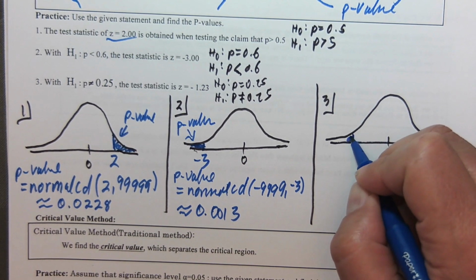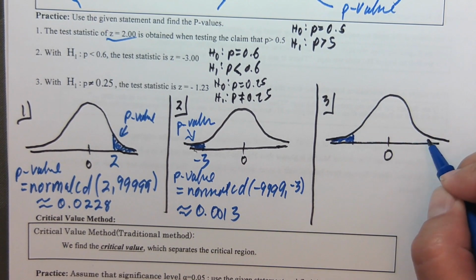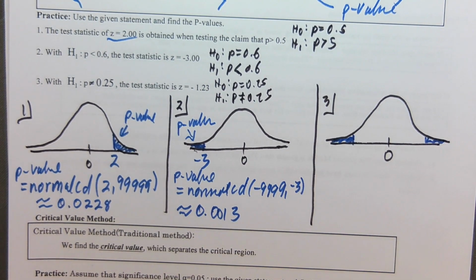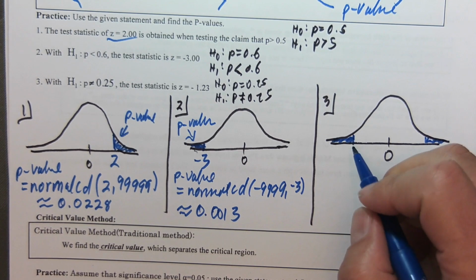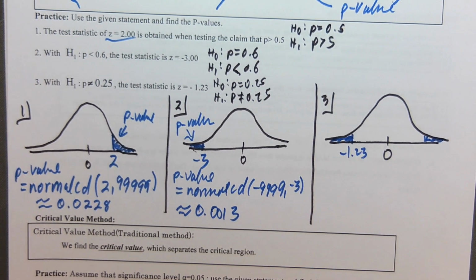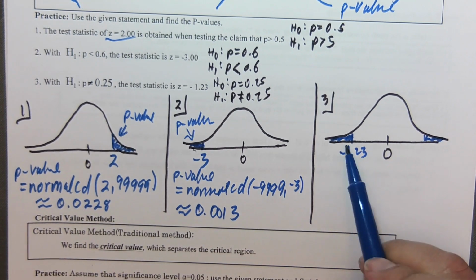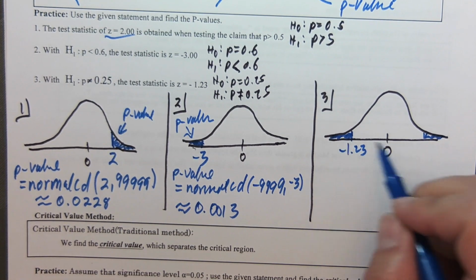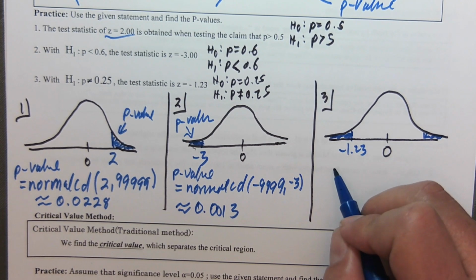So we are here. Now this is at negative 1.23. So you can see the area. So here the p-value is this plus this. So we'll talk about what that means here in just a second.